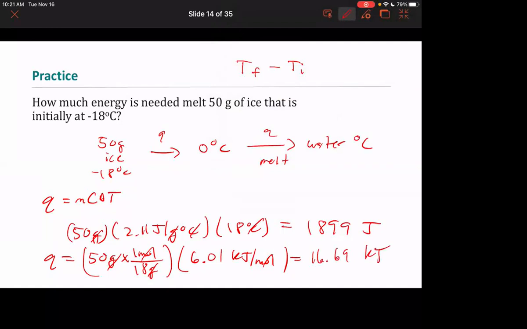So we can just convert this top one to kilojoules. And then it becomes 16.69 plus 1.899.